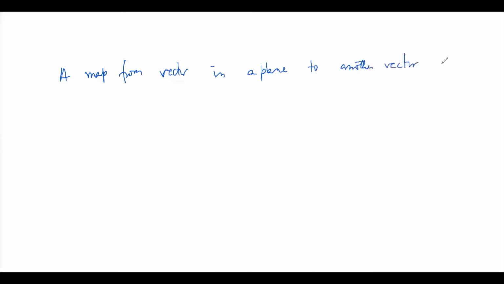So let me give an example. Suppose we take an arbitrary vector. Arbitrary means no particularly special one. We always define an arbitrary vector as having (x, y), where x and y are variables.